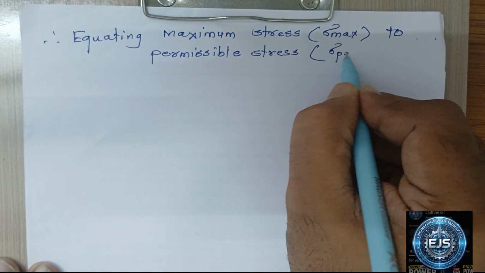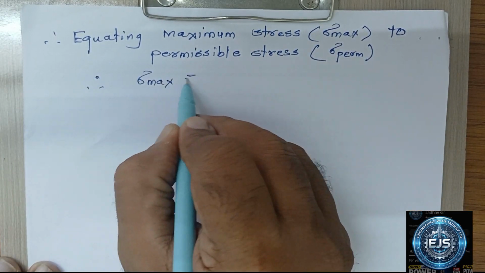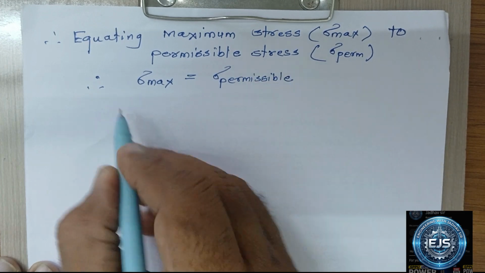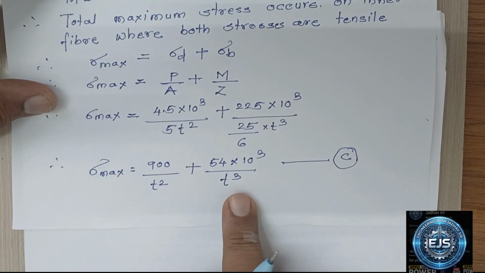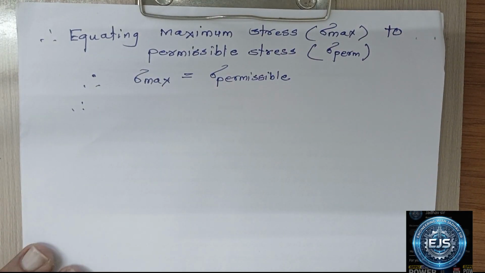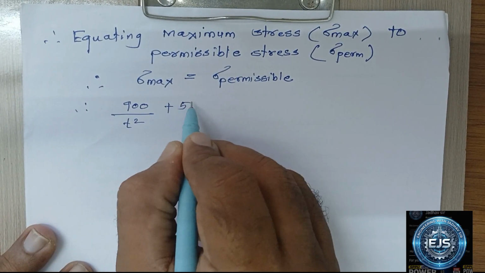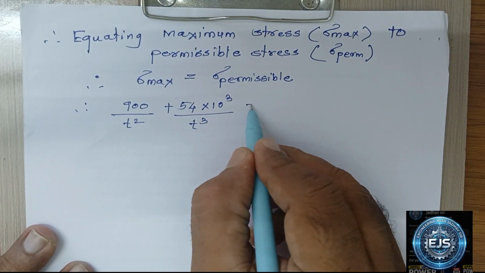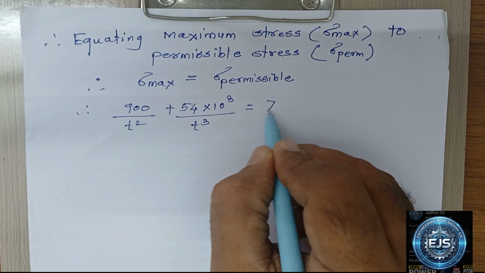So equating this sigma max to sigma permissible, we get the equation in this way: 900 upon T square plus 54 into 10 raised to 3 divided by T cube is equal to the permissible stress. Sigma permissible is 70 Newton per mm square.